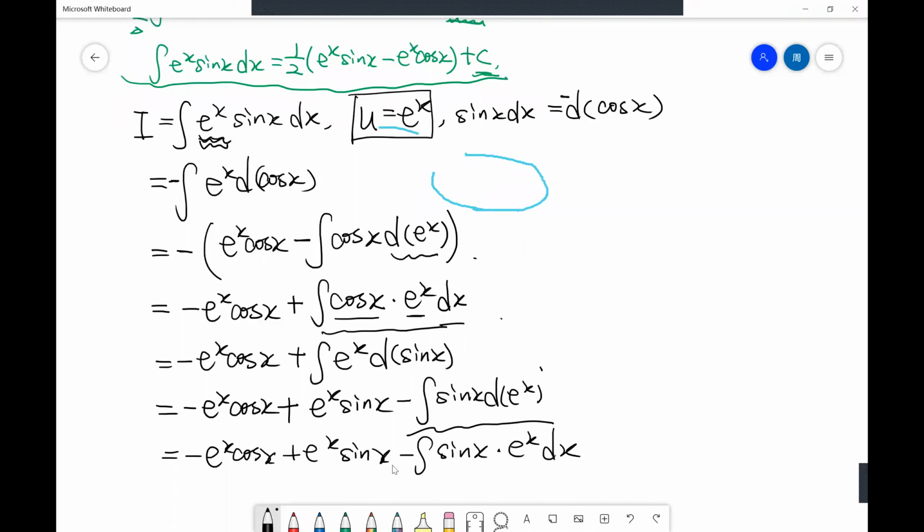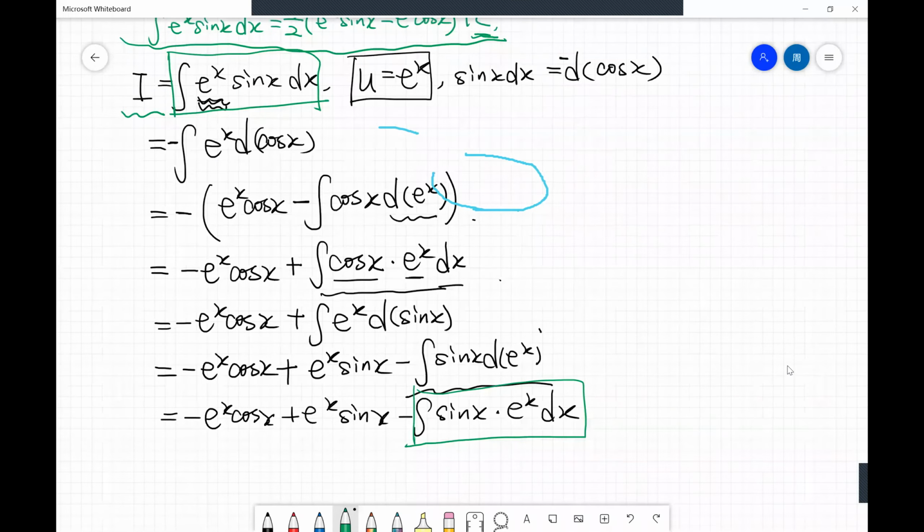And you will also figure out that the original integral is e^x sin x dx. And here we also find the integral of e^x sin x dx, right? And we let it be I, the letter I.